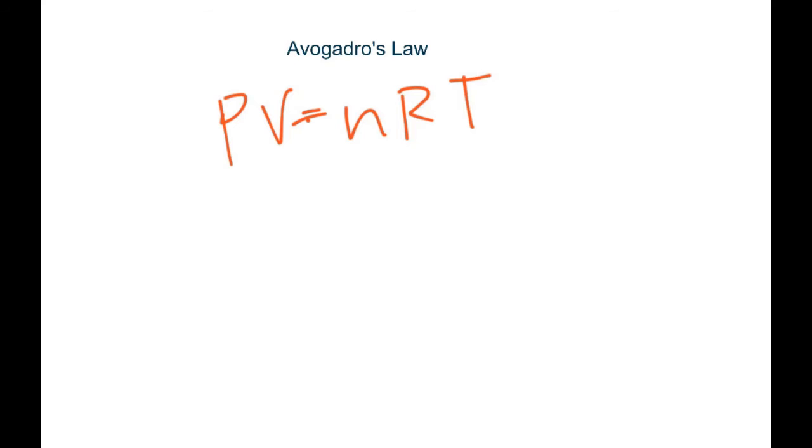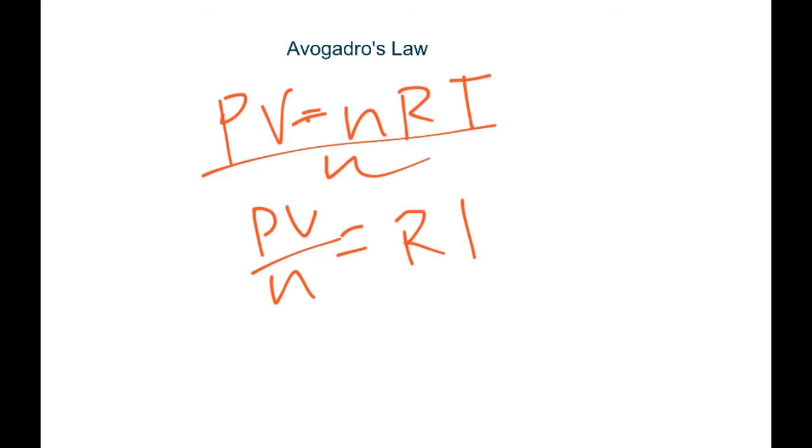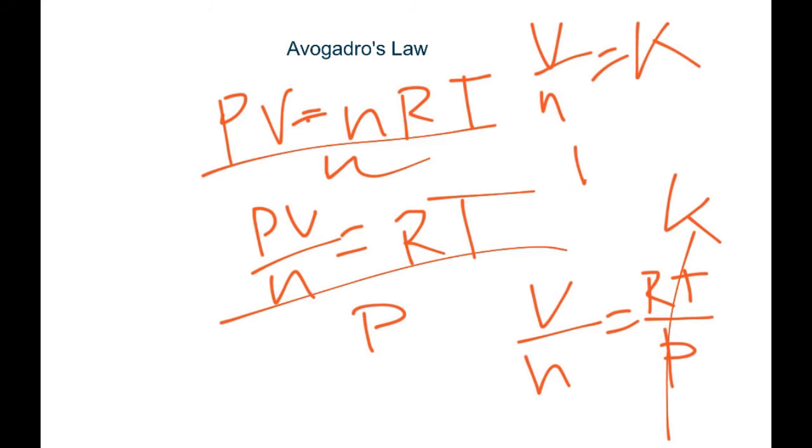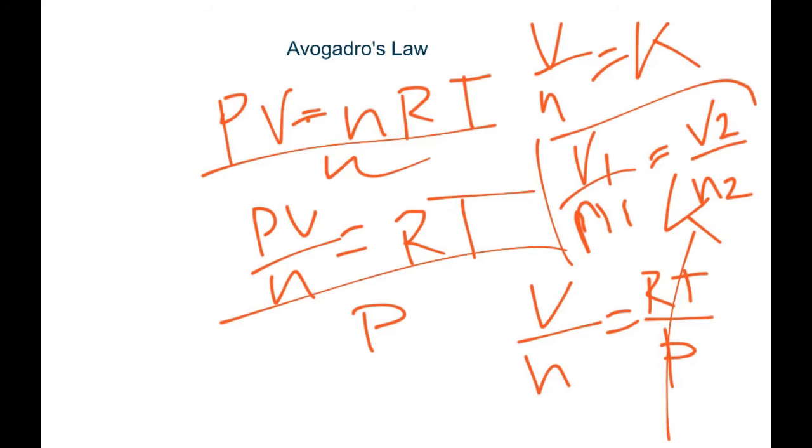We want the volume and moles to be on one side, so I would just divide both sides by n, and I would get PV over n is equal to RT, and I would divide both sides by P in order to get V and n alone, so I would get V over n is equal to RT over P. And we can change this into K, so V over n is equal to K, or V1 over n1 is equal to V2 over n2. And this is Avogadro's law.